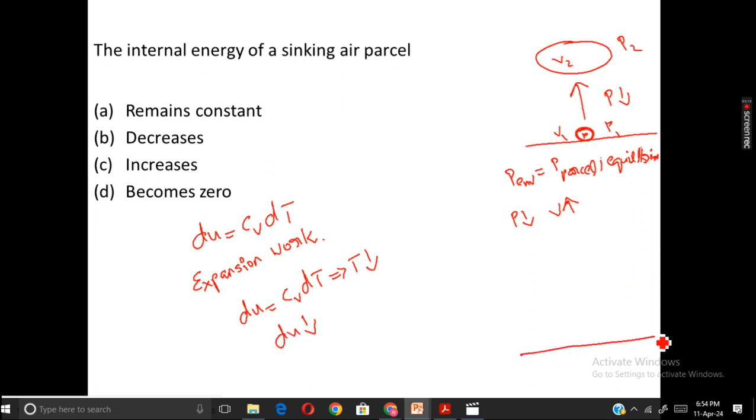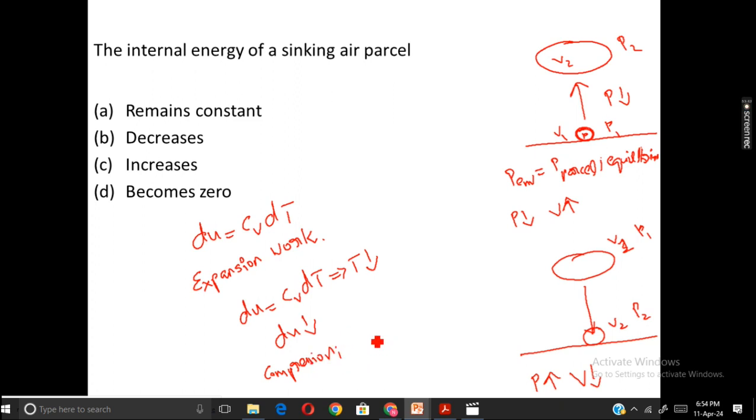Now if we consider a parcel that is coming down, this was the initial state and this is the final, with volumes V1 and V2. In this case, pressure is increasing, so in order to match, volume should decrease. Volume is decreasing, so there is compression happening.